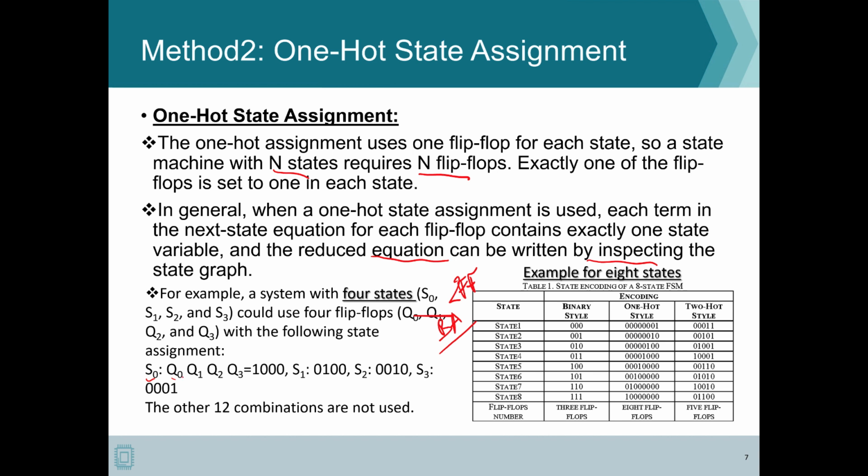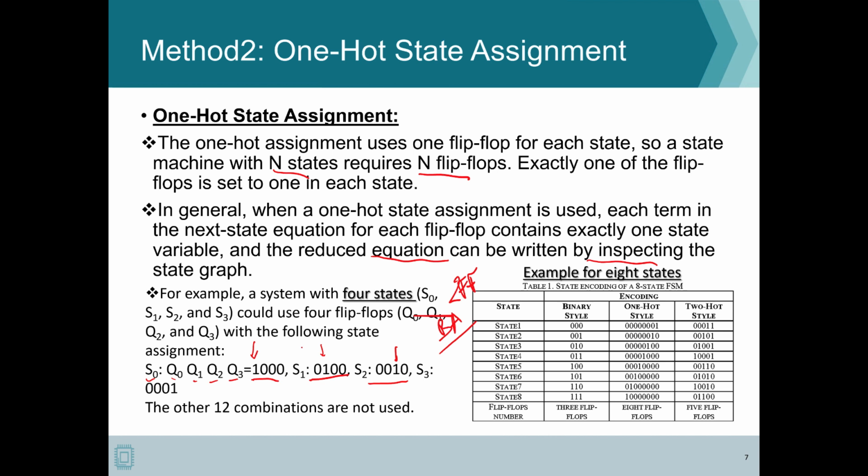So we have Q3, Q2, Q1, Q0 as your state variables. So we have this for one state, which is S0. S1 is represented like this, then S2 and S3. As you can see, at a given time, only one of those state variables is a 1.